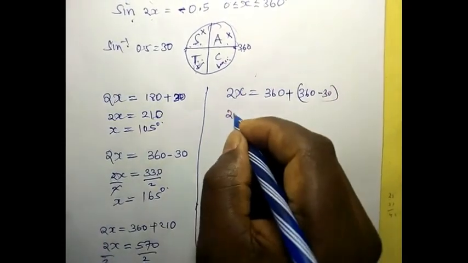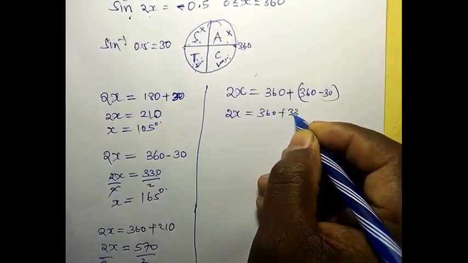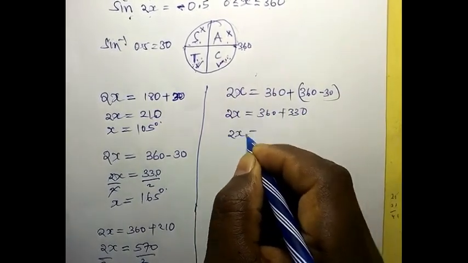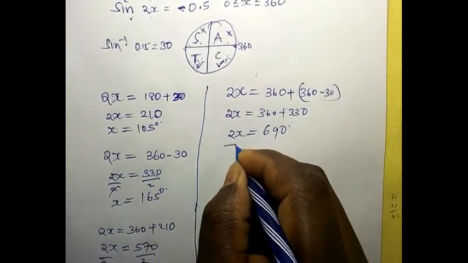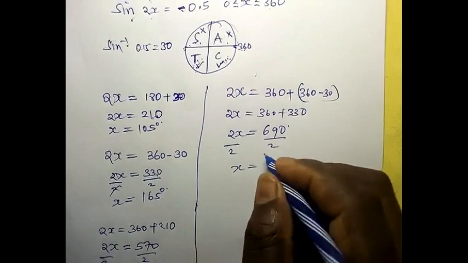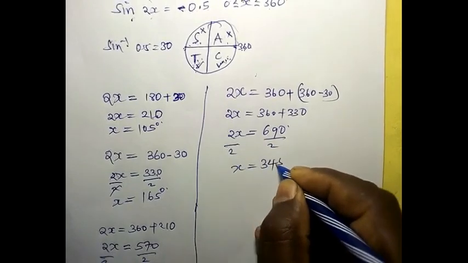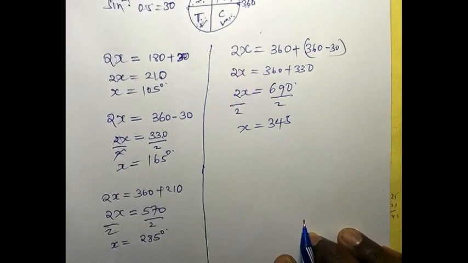So we will have 2x equal to 360 plus 330. 2x is equal to 690. x divided by 2, so x is equal to 345. Once you have reached here, you can see if you go to the next one, it's going to be more than 360. So we stop at this point.